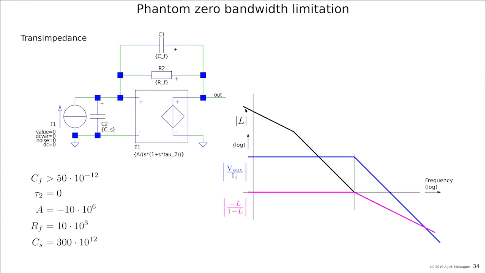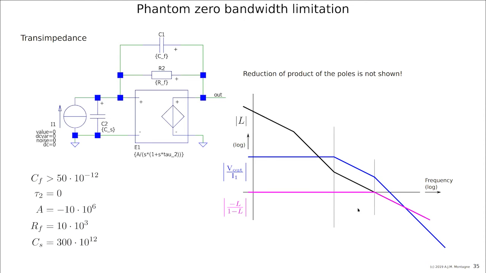You can see it. We already start with minus 6 dB per octave for the loop gain. Then we have a second pole somewhere. Then at the band edge, we put our phantom zero. So we are back to first order, and the transfer itself is second order because we don't see the zero.